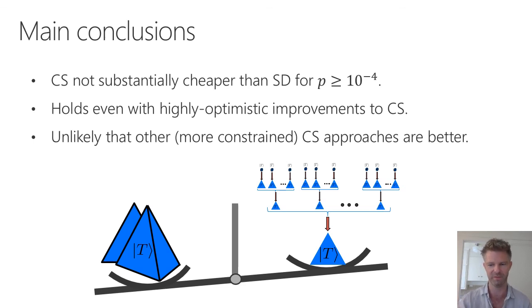So instead of implementing the 3D color code using a three-dimensional spatial lattice, you could, for example, use a just-in-time decoding scheme and implement it in 2D slices at a time, but that's constraining the system even further. So to me, it seems very unlikely that that would require a lower overall space-time cost. I would expect it to require much more because it's constrained, so it's going to perform worse, but again, that's my opinion.